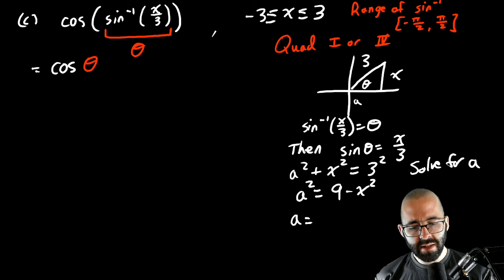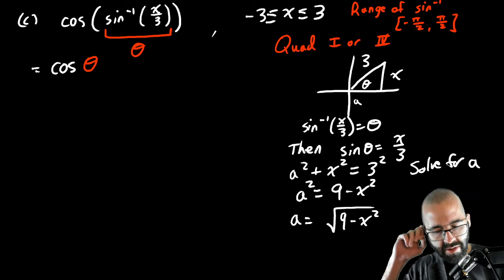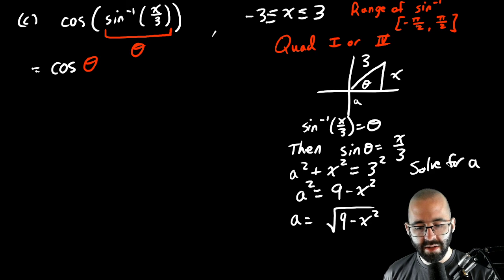So it's either positive or negative. We actually know it's positive here because of the range of inverse sine. We're either in the first quadrant or the fourth quadrant, so this is going to be a positive x coordinate. So a is equal to the square root of 9 minus x squared.